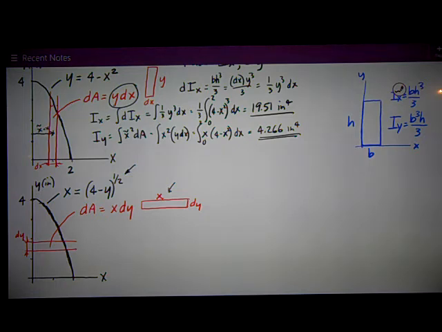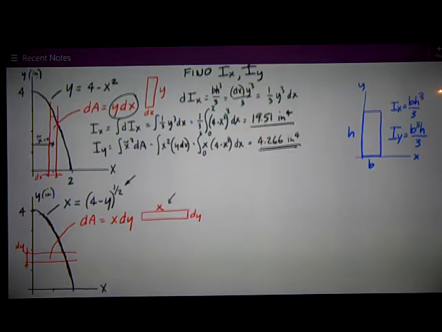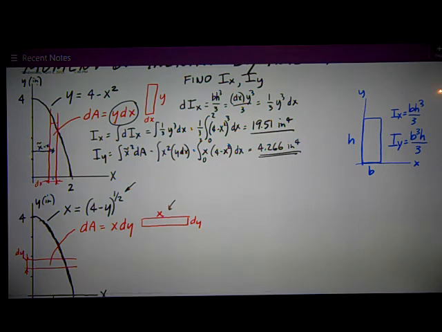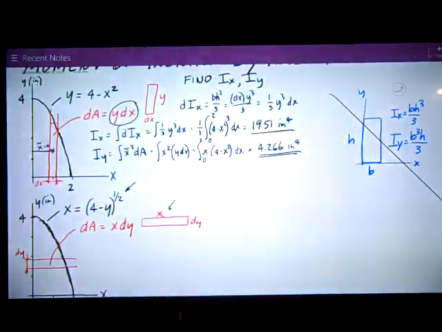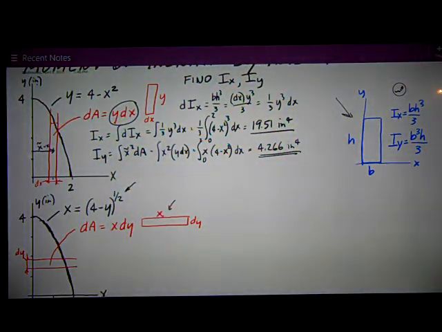Now I'm also going to use this trick, or this simplification, where the moment of inertia of a rectangle with the y-axis on its side, like here in blue, is Iy equals b cubed h over 3.